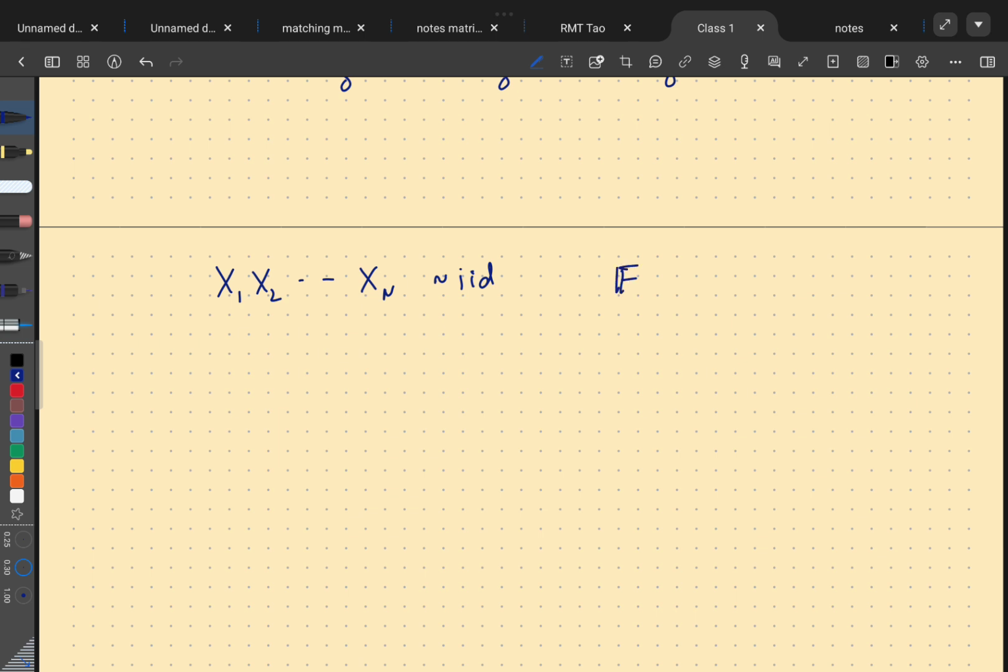But we'll assume that the mean of x is mu, which is finite. The quantity of interest is this random variable, let me call this an, which is 1 by n summation i equal to 1 to n xi.